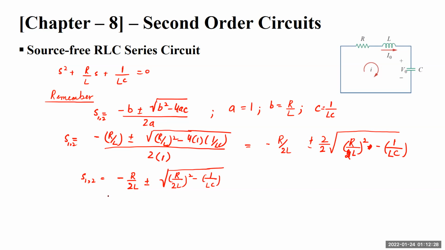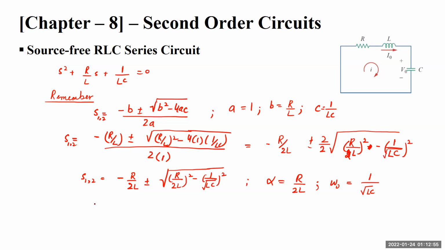So simplifying it, we can call alpha equals R by 2L, and we can call omega naught equals 1 by the square root of LC. There is another way of writing it like this, so this is basically the same thing.